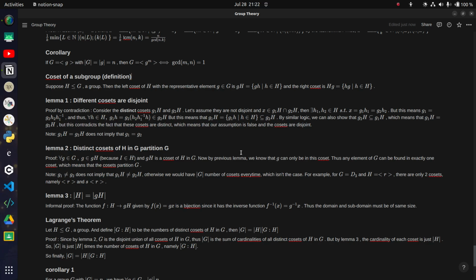Some people might think, okay, doesn't that mean that you will have as many cosets as the number of elements in capital G, because every element belongs to a different coset, right? Every time you will have to introduce a new coset.